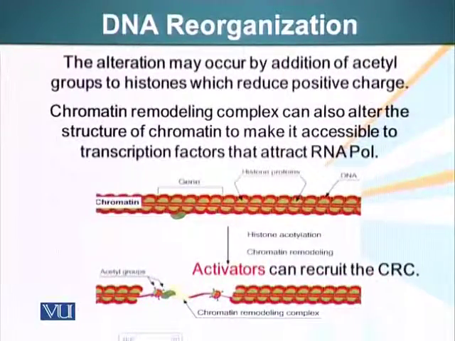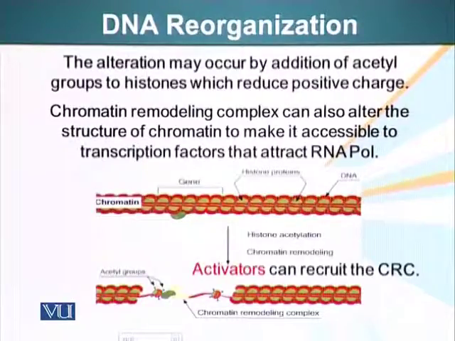One of the things that have to happen is removal of the histones. Chromatin remodeling complex is recruited by the activator. Chromatin remodeling complex, or CRC, one of the things it does is it puts the acetyl groups onto the histones. As we know, acetyl groups are negatively charged.